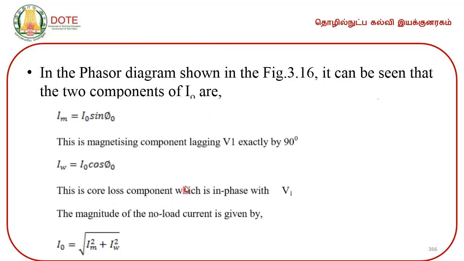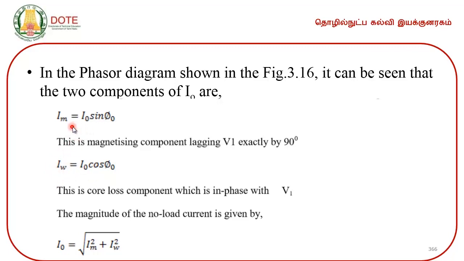In the phasor diagram shown in figure 3.16, it can be seen that the two components of I0 are Im, as we have discussed already, the magnetizing component of the no load current, and Iw, the core loss component of the no load current.